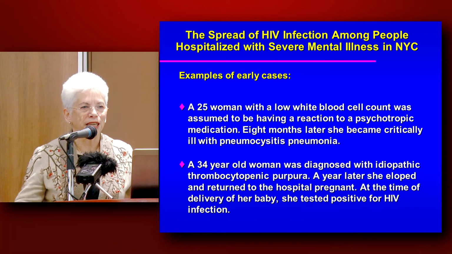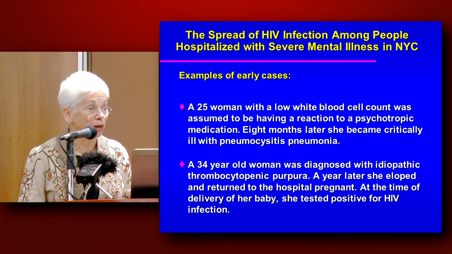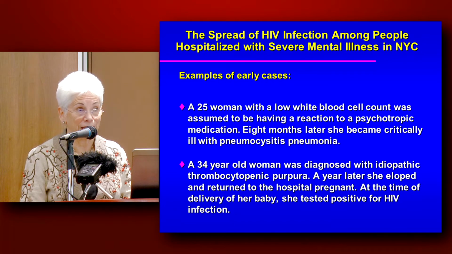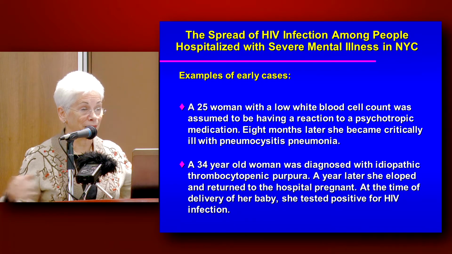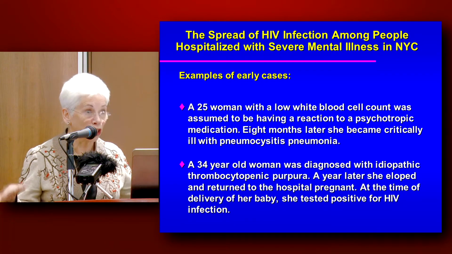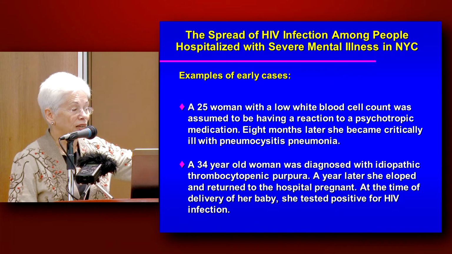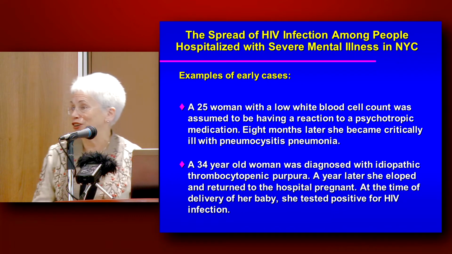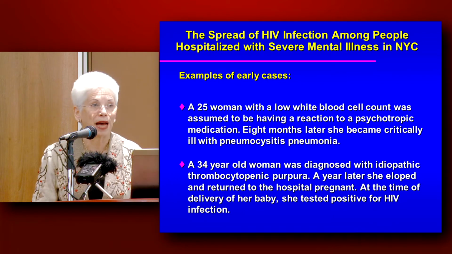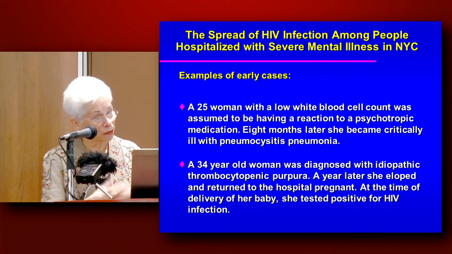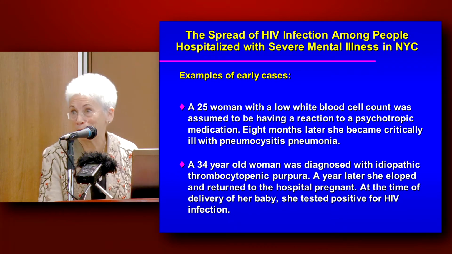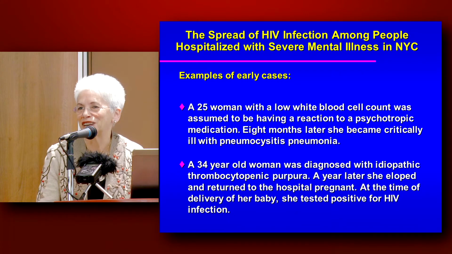And all babies born to HIV-positive mothers are carrying the mom's antibodies, so they don't have to be positive. And the baby was positive for antibodies. And that's how the state hospital learned that they had had this woman with HIV for years, as manifested by that blood disorder, the idiopathic thrombocytopenic purpura, which occurs in HIV.